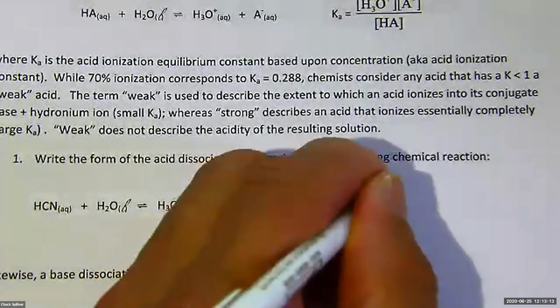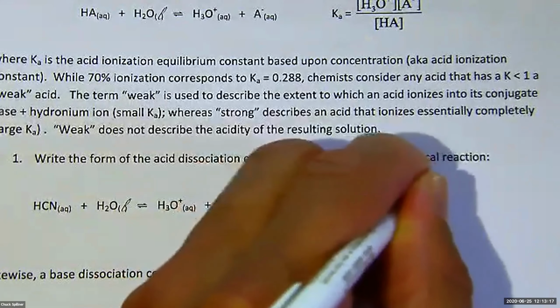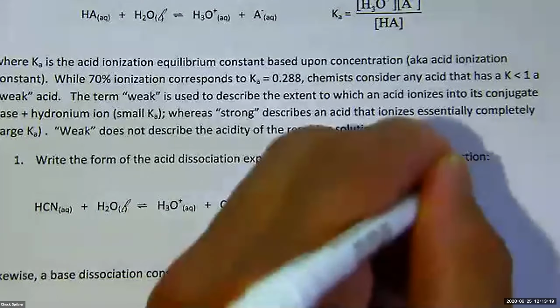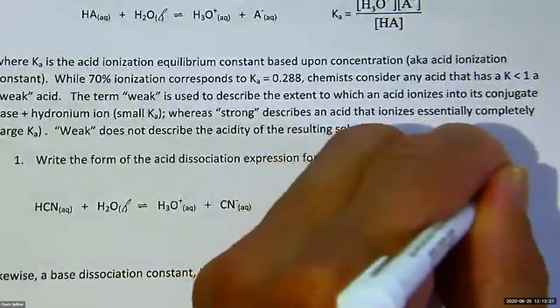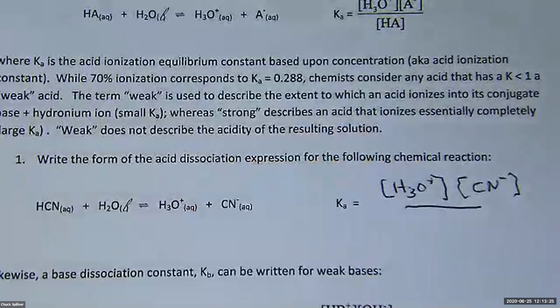It's the hydronium ion concentration, which is a product in this equilibrium expression, times cyanide, divided by HCN. We don't include water because it's a liquid. Remember, we don't include liquids or solids.